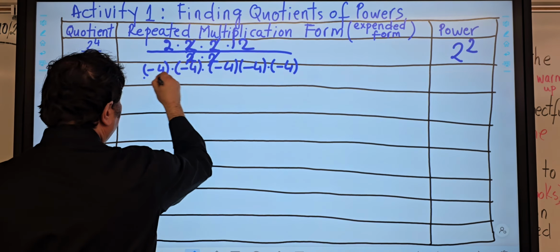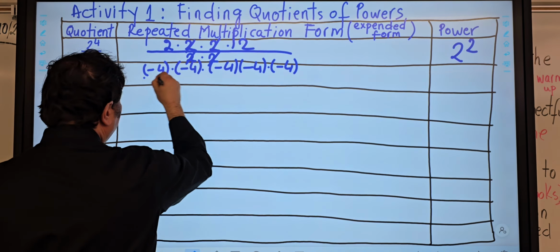Again, we see that we can simplify 2 negative 4's from the top and 2 negative 4's from the bottom. They simplify out, and we are left over with negative 4 times negative 4 times negative 4, or in power form, negative 4 to the power of 3.